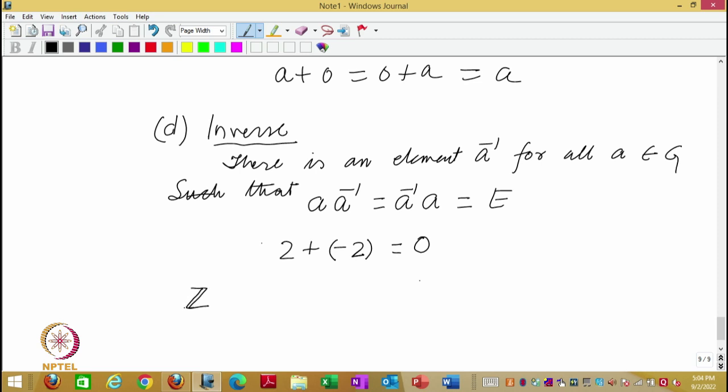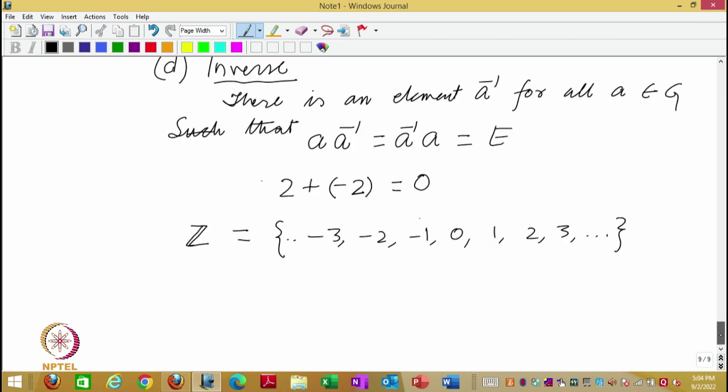So, natural numbers are not a group, natural numbers with 0 are also not a group, but integers with all negative numbers included form a group. So, we will say the set of integers is a group under plus.